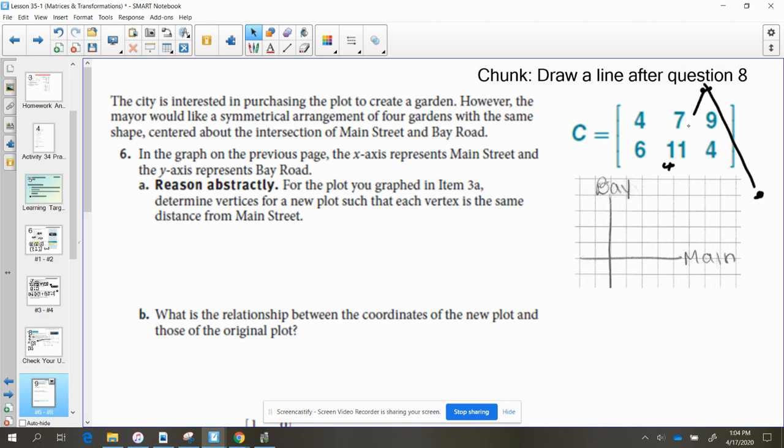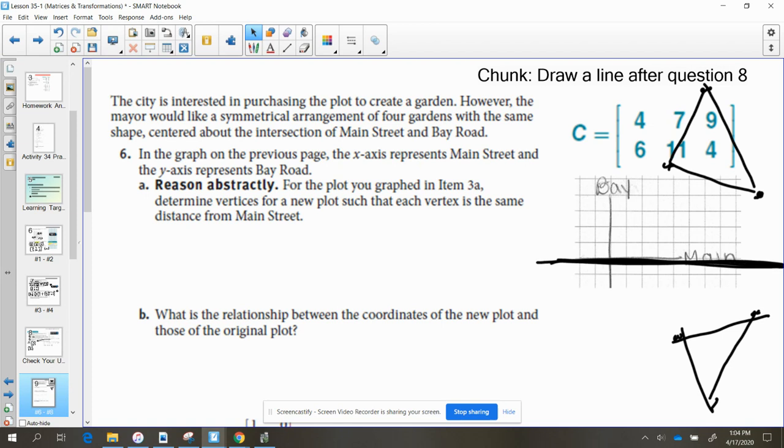And here's our triangle, right? And we plotted this now as Bay and Main Street. And what they want us to do is look at these so that they are the same distance from Main Street down here though. So imagine we took this picture and we made it the same distance away from Main Street down below.